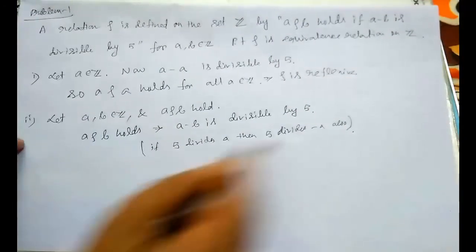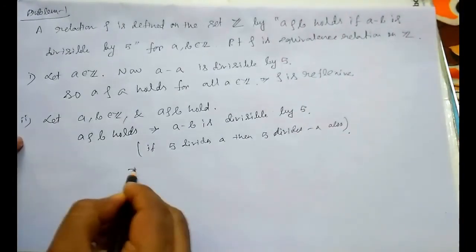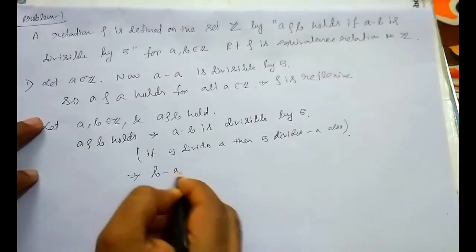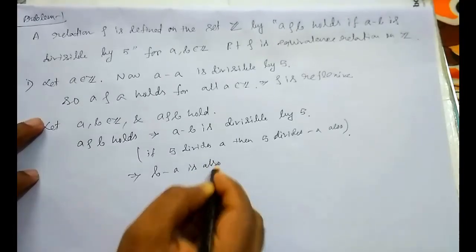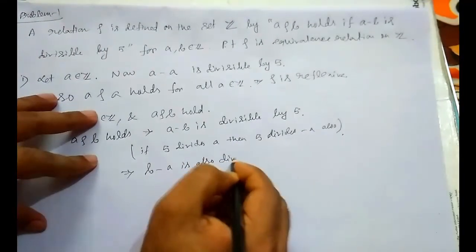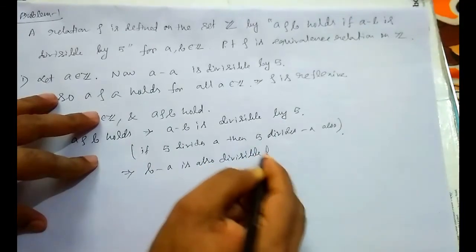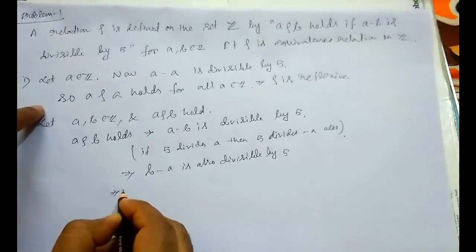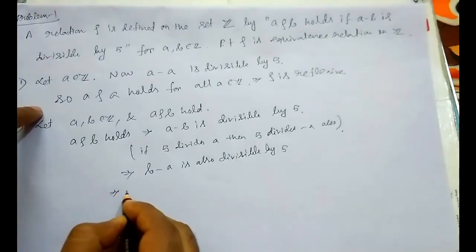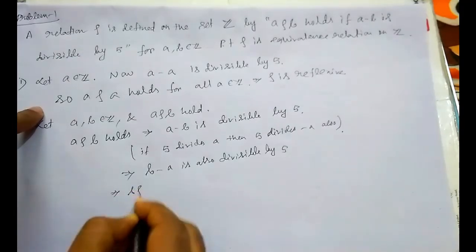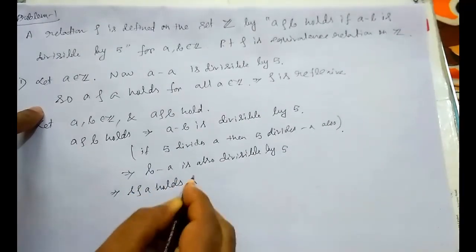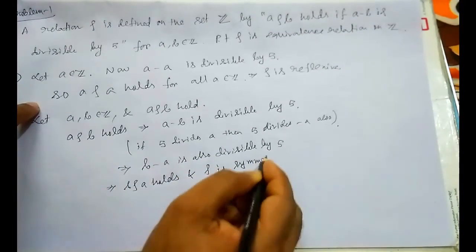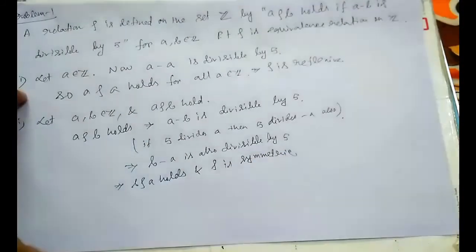So by this argument we can tell that b minus a is also divisible by 5, and hence b rho a holds and rho is symmetric.